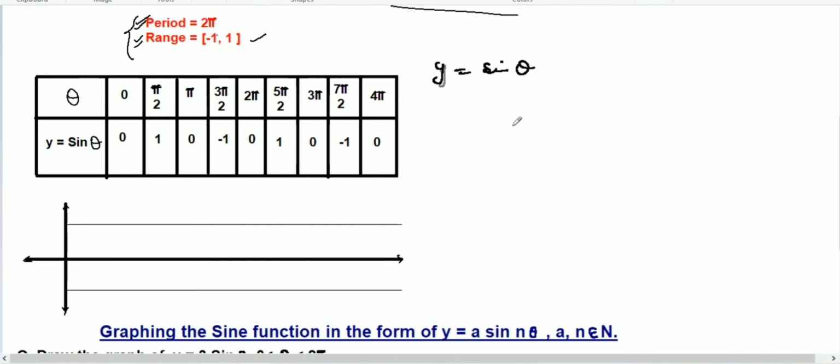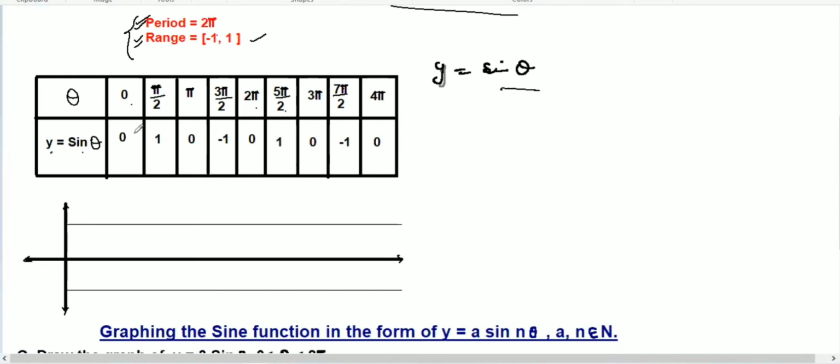So I have taken here theta, this row represents theta, and this row represents y equal to, we have the function sine theta. So I've taken few angles here: 0, pi over 2, pi, 3 pi over 2, 2 pi, 5 pi over 2, 3 pi, 7 pi over 2, and 4 pi.